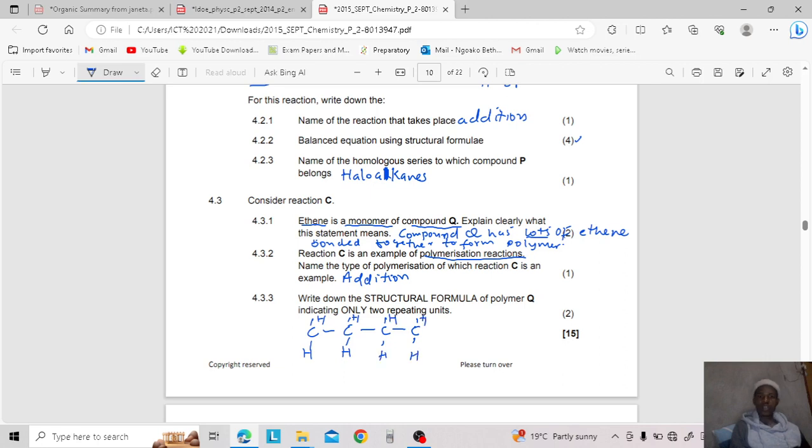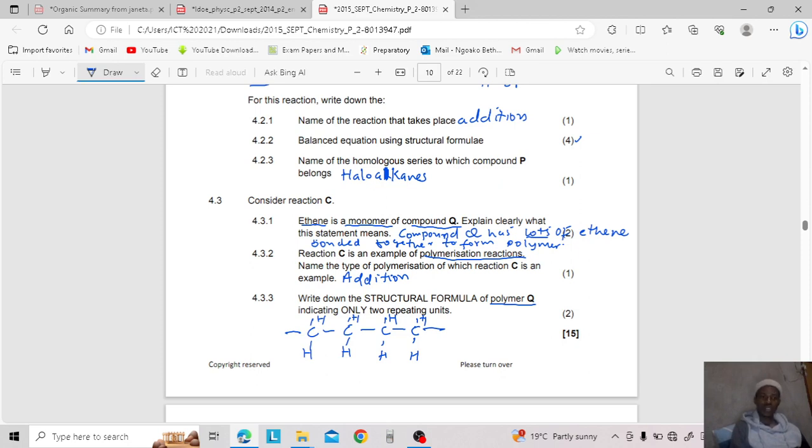But if you can check, each carbon shows one bond lower, one bond to join another monomer to come to this one. So we're going to have a bond here. But the question is the structural formula of polymer Q. So when we say polymer, these bonds are waiting to join another ethene that will come here.